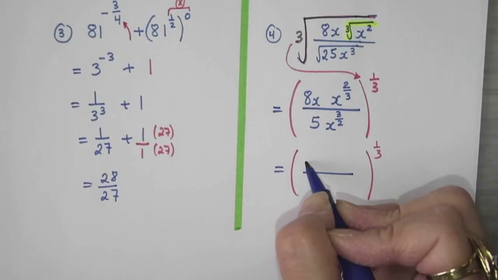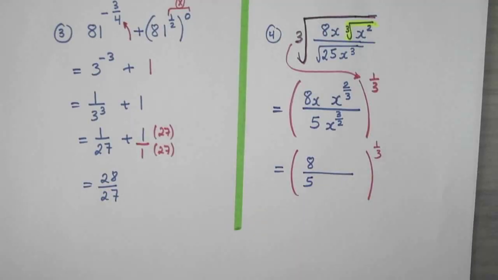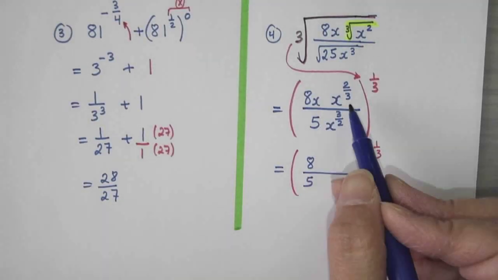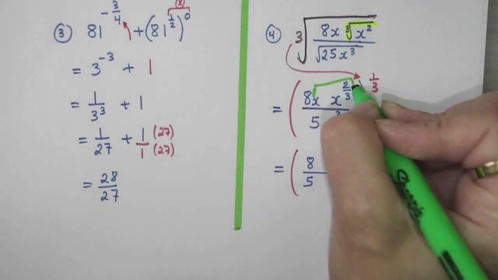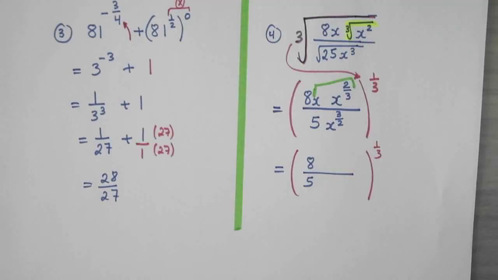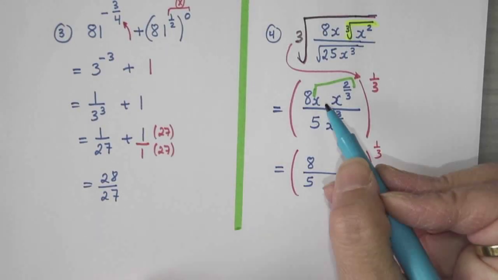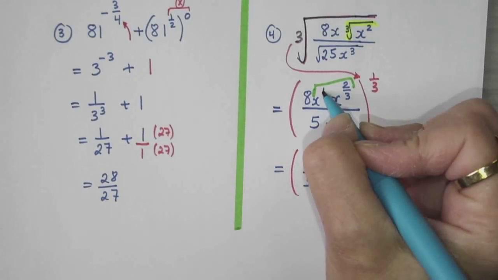So 8 over 5 I can't do anything with, so I'm going to leave that alone. But the variables, these two here, I can do these two together. What's the invisible exponent? It's a 1, right?